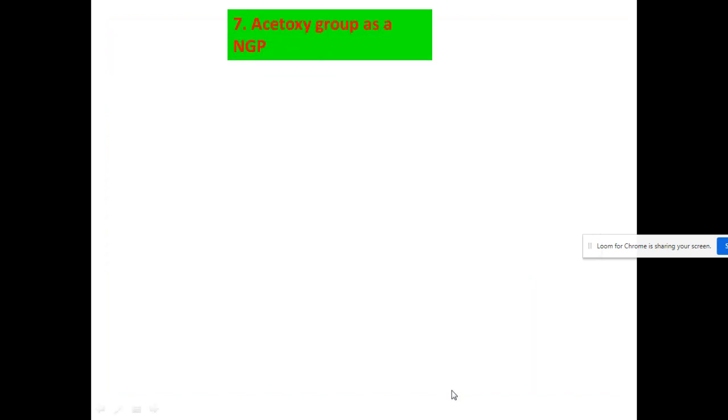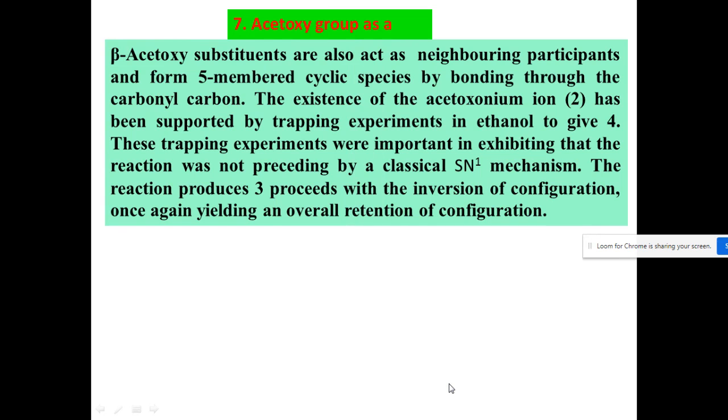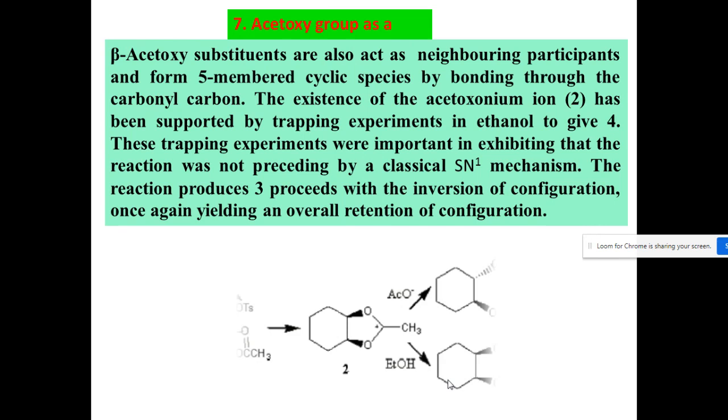Now, the acetoxy group can also act as a neighboring group. Beta acetoxy substituents also act as neighboring participants and form five-membered cyclic species by bonding through the carbonyl carbon. The existence of the acetoxonium ion has been supported by trapping experiments in ethanol to give 4.